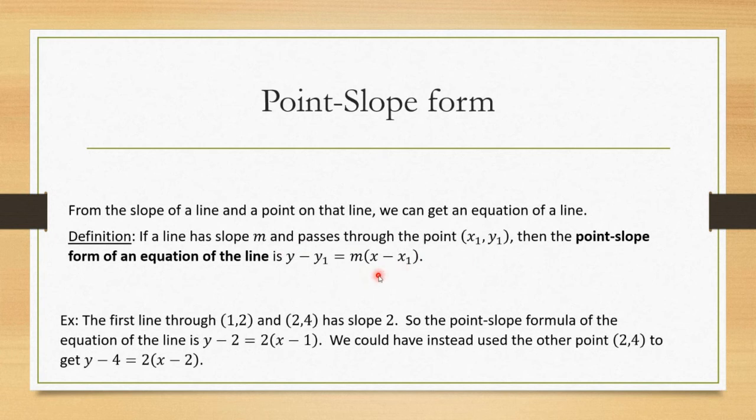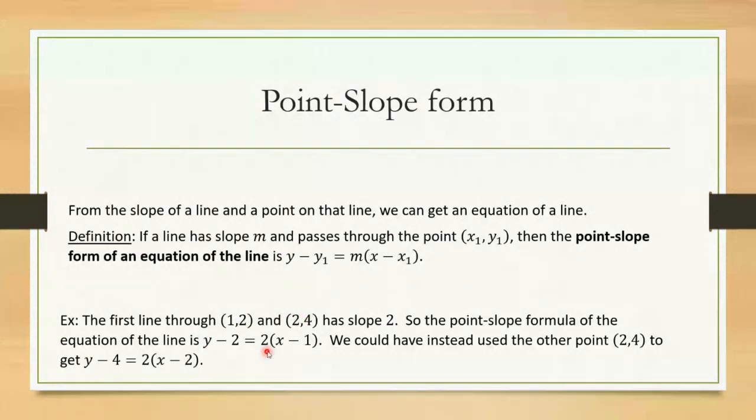So as a quick example, one of the lines we saw had slope 2. Using the slope and either of these points, we can get an equation of that line using this point slope form, and that's what I have here.